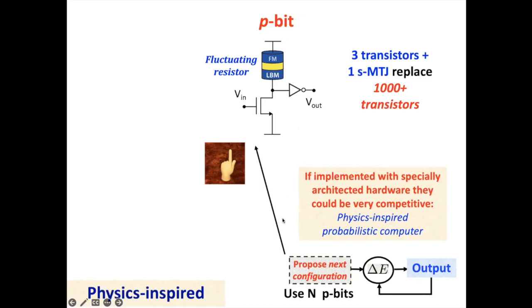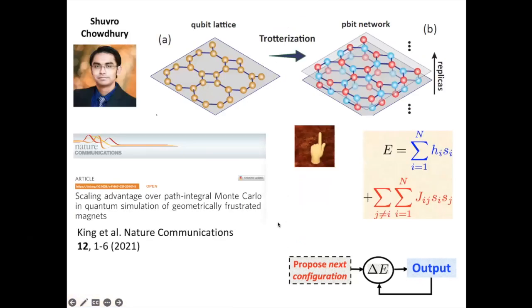Now, we have looked at many problems over the years. Let me just choose one problem to illustrate the point. This is an interesting problem that was published in 2021. And it's a quantum problem, actually.